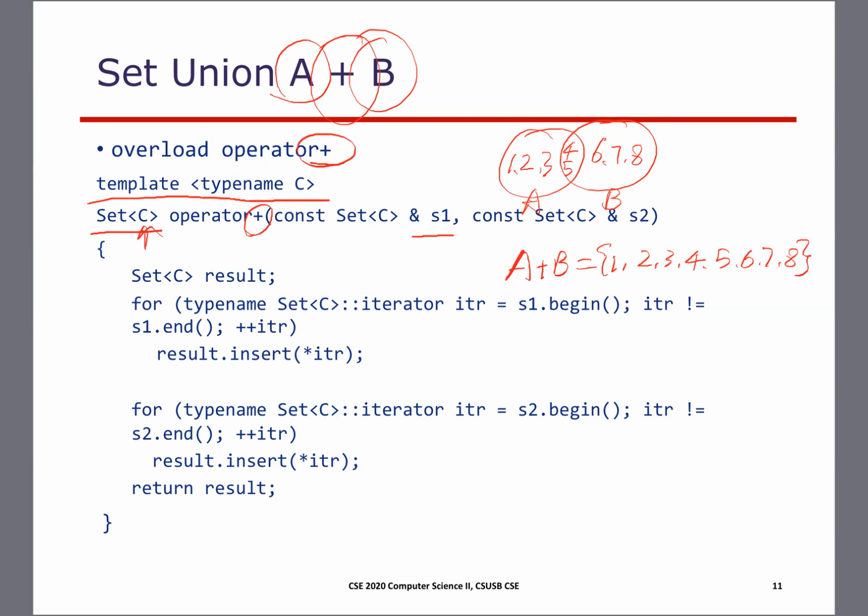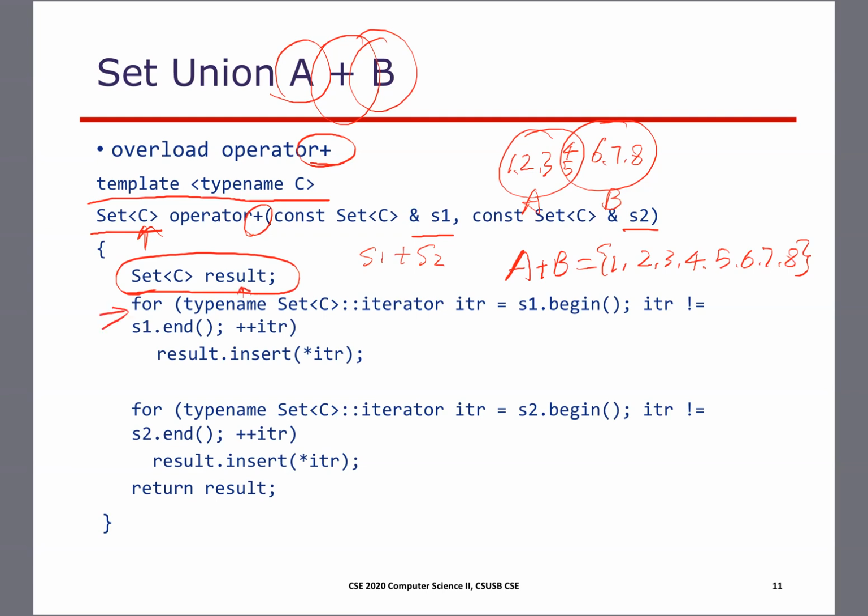S1 is one parameter, S2 is another parameter. So this function will return S1 plus S2, the union of S1 and S2. Here we declare a local variable result. This is a set object name.